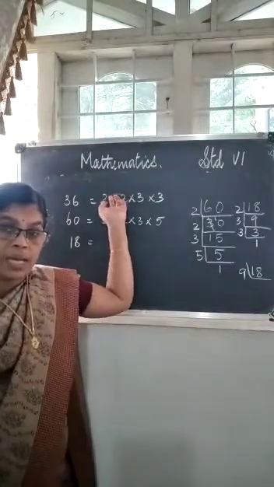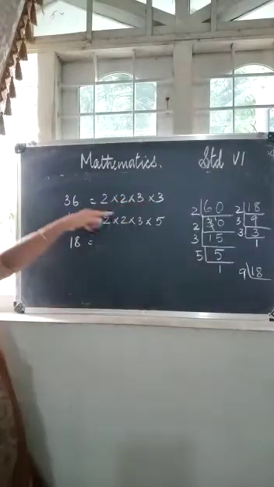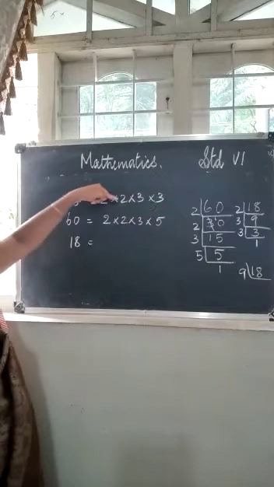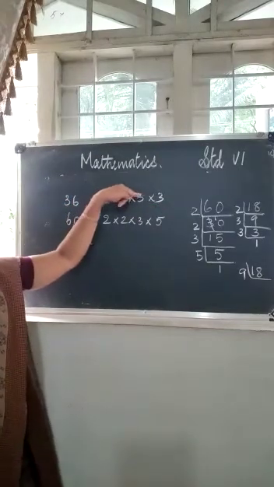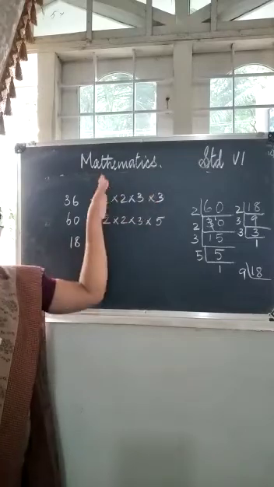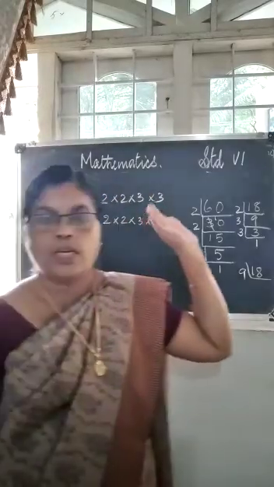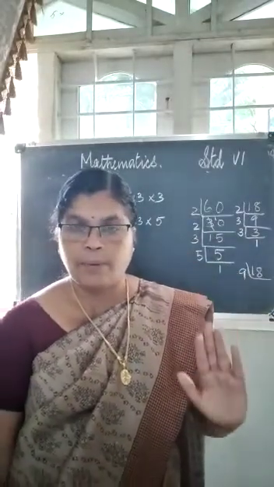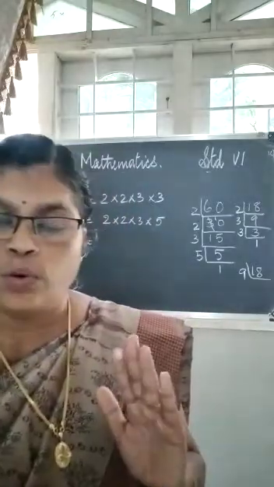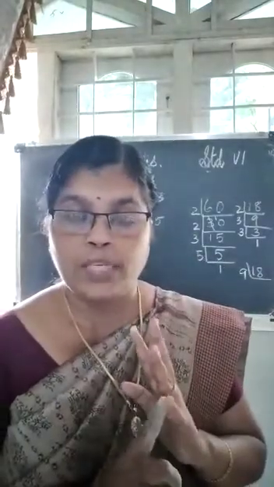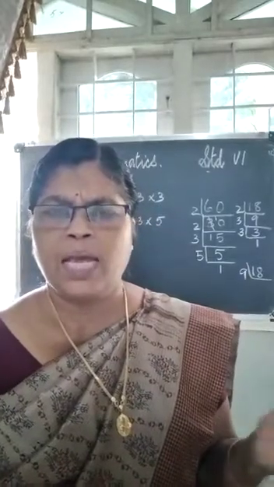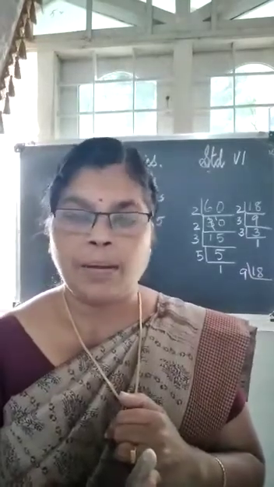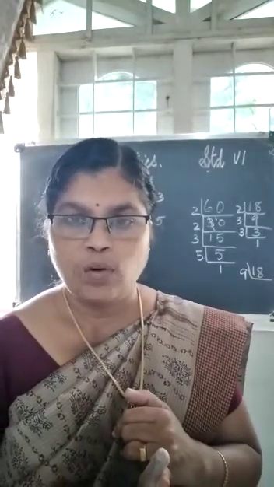That 36 can be expressed as the product of primes, 2 into 2 into 3 into 3. 2 2's are 4, 4 3's are 12, 12 3's are 36. So in the prime factorization, we need only prime numbers as factors. No composite number should be there. Always remember that. And the other point you have studied is that every composite number, whatever it may be, we can write as the product of prime numbers. The factors will be prime numbers. Did you understand? I hope it is clear to you.